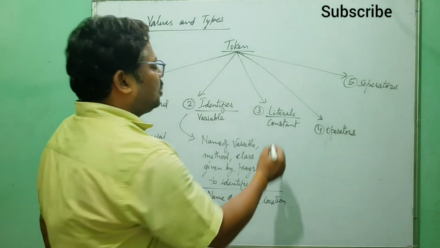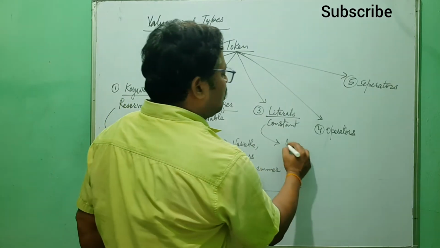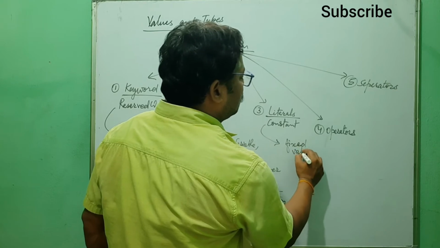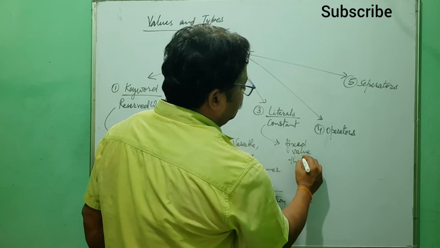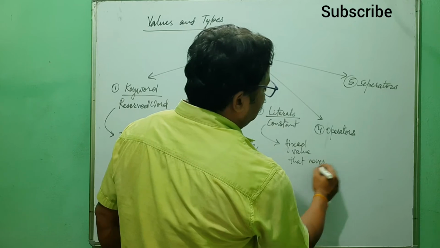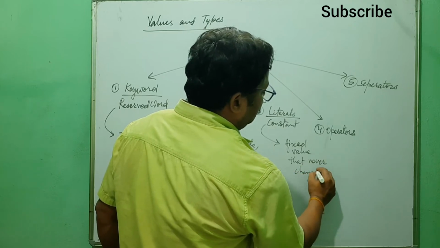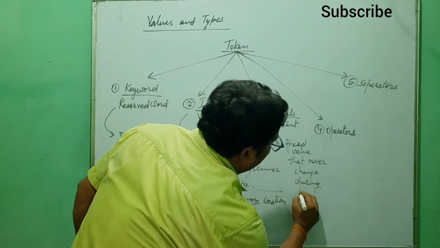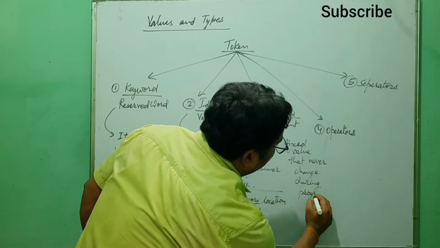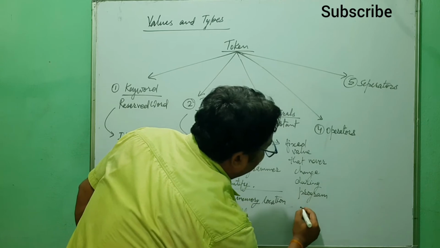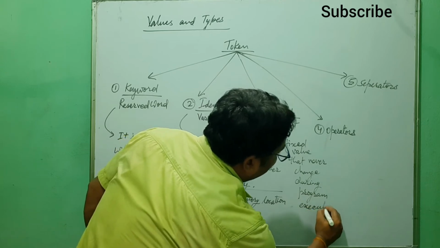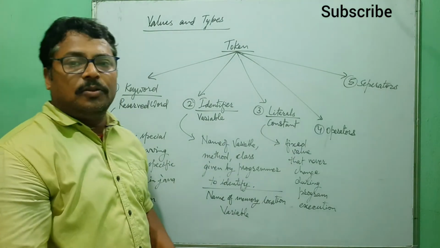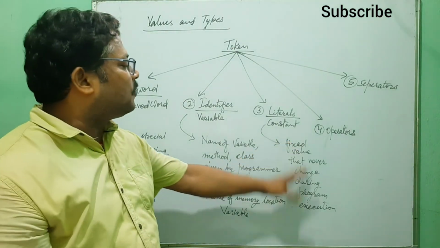Literal or constant is actually a fixed value. What is that? A fixed value that never changes during program execution. Okay, I will give examples one by one so you understand the purpose of that fixed value.